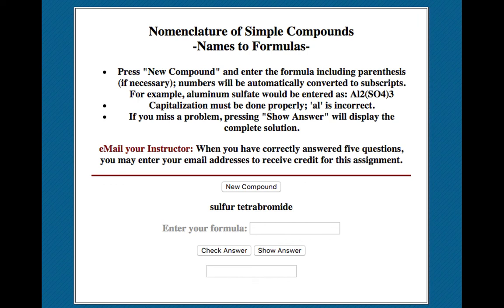So sulfur, and this is tetrabromide, so that's 4 bromines. You would write it like that. In Blackboard, it's the same way. No superscripts or subscripts, you would write this the same way in Blackboard.